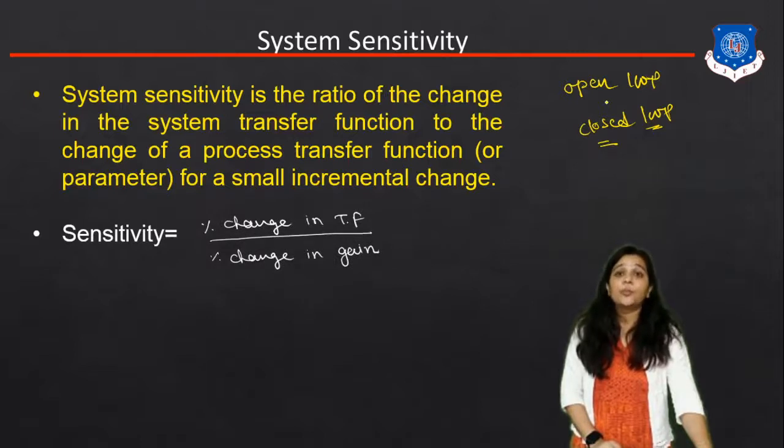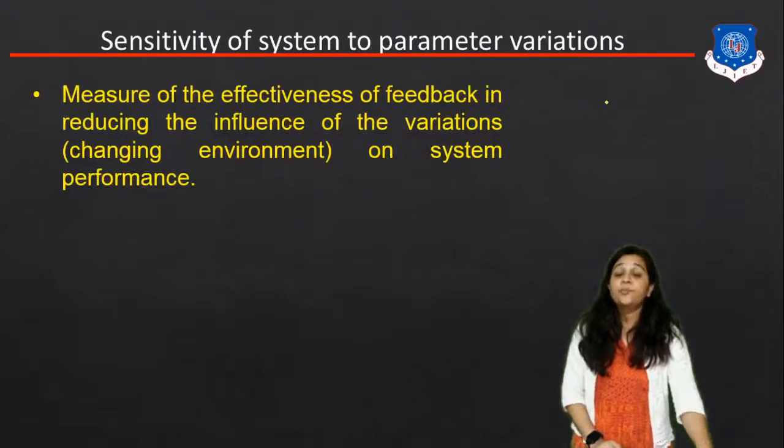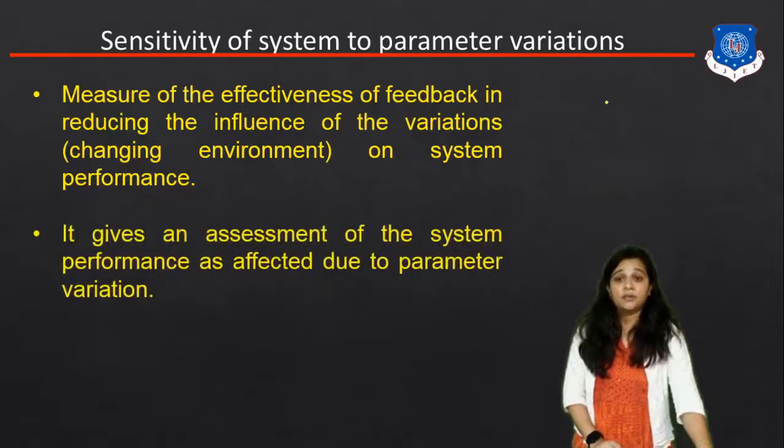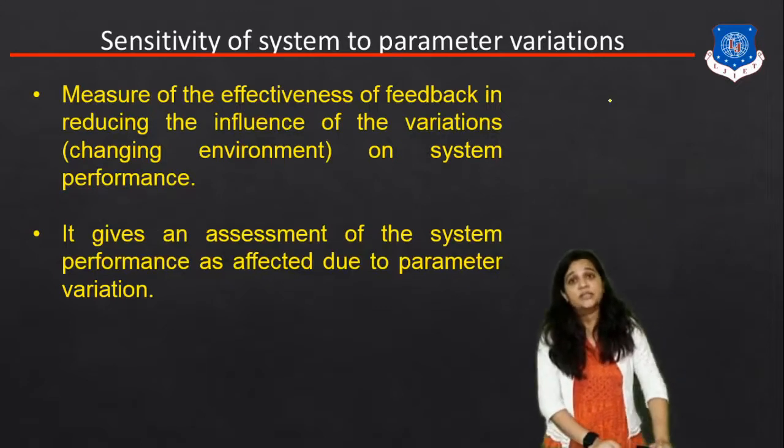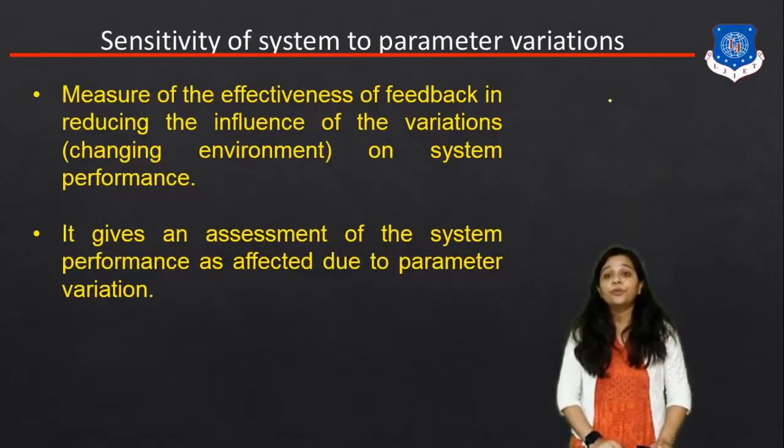Sensitivity is equal to the percentage change in the transfer function to the percentage change in the gain. It is a measure of the effectiveness of the feedback in reducing the variation when the environment changes the system parameter. It gives an assessment of the system performance as affected by the parameter variation, because generally the system sensitivity changes due to changes in the system parameter values.